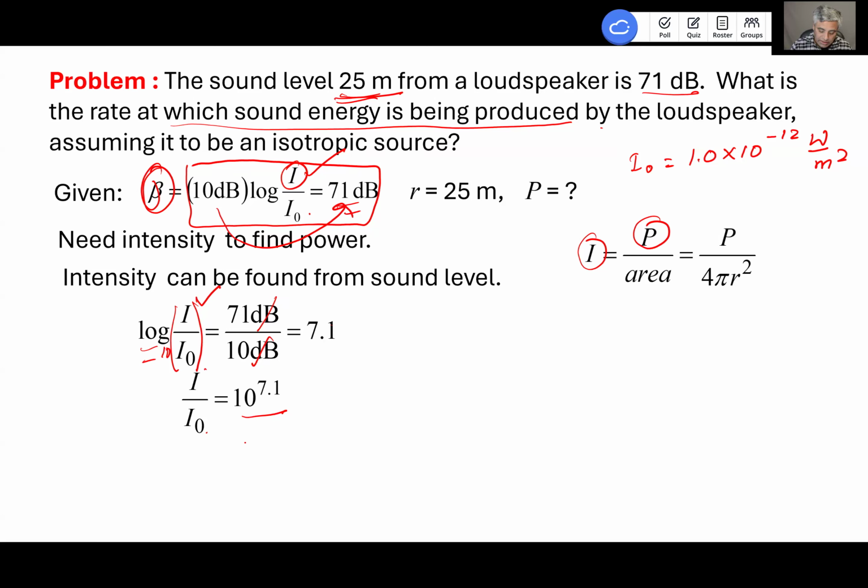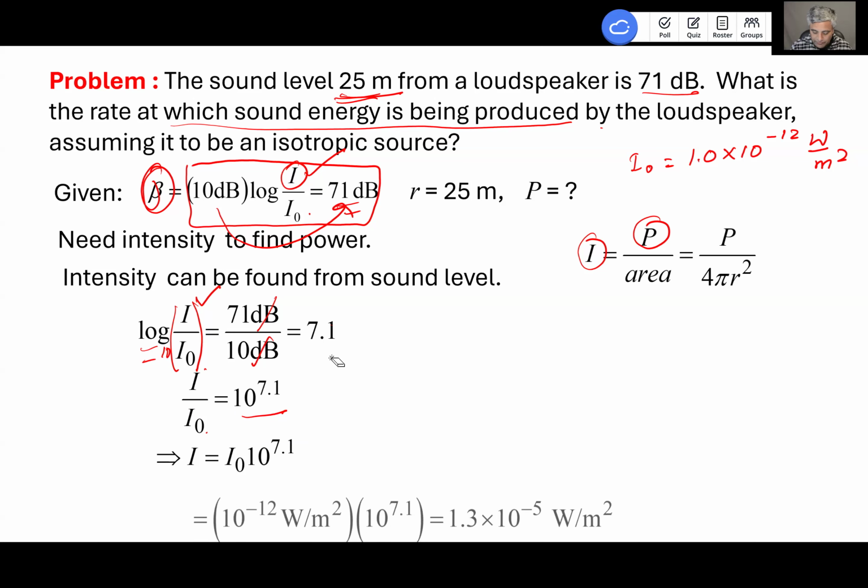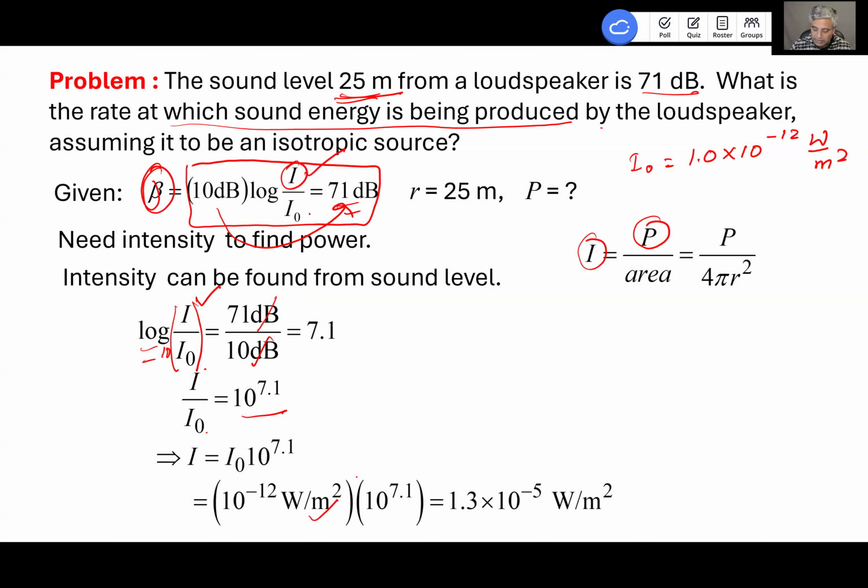And now I is simply I0 times this thing here. So I0 we know. By plugging in that number, 1.0 times 10 to the power negative 12, basically 10 to the power negative 12. So that's what I'm writing here. That gives us that watt per square meter.